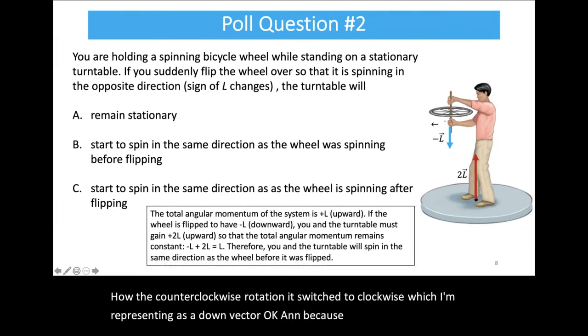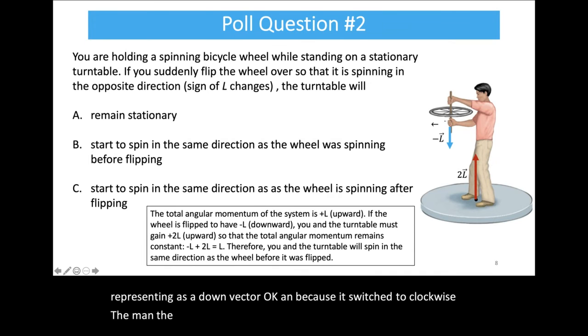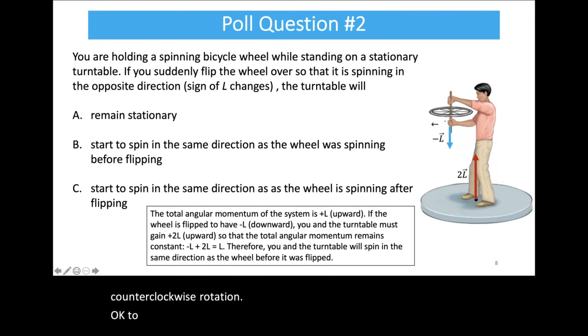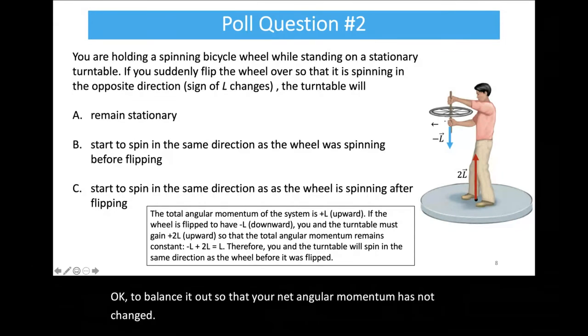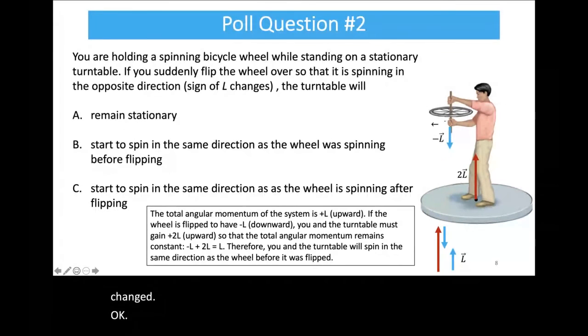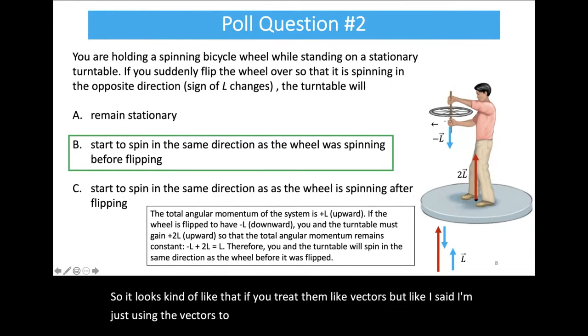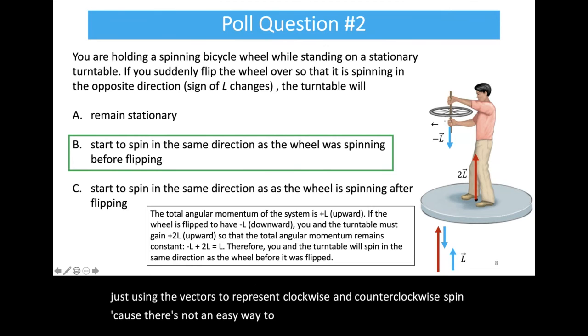Because it switched to clockwise, the person and the turntable have to have a larger counterclockwise rotation to balance it out so that your net angular momentum has not changed. It looks like that if you treat them like vectors, but I'm just using the vectors to represent clockwise and counterclockwise spin, because there's not an easy way to draw that otherwise.